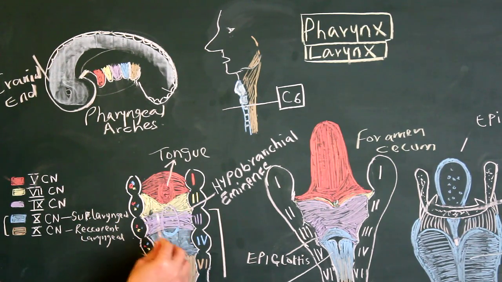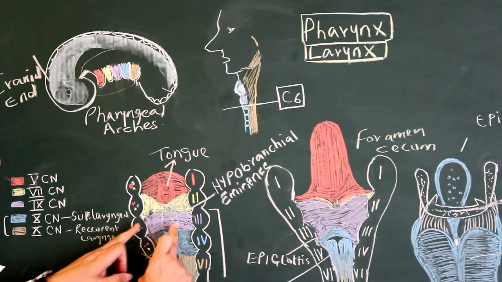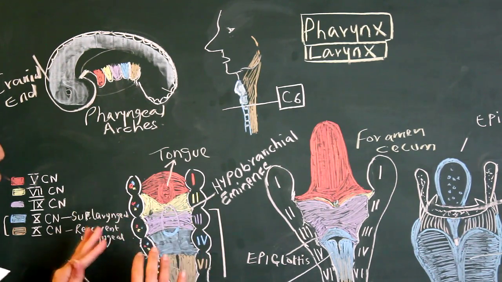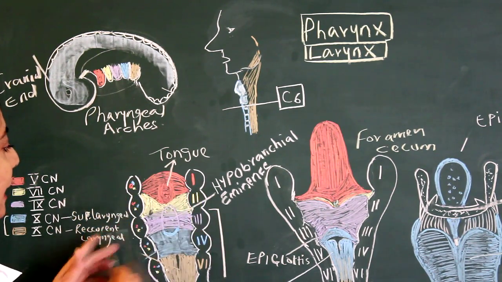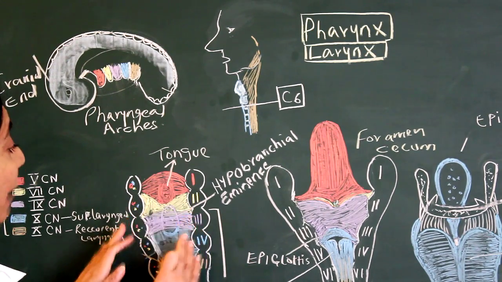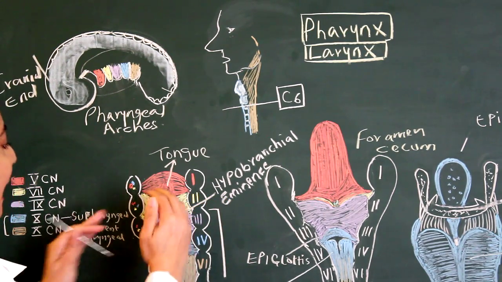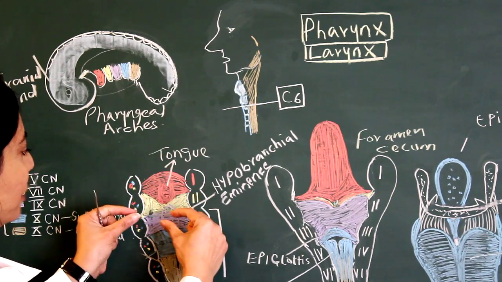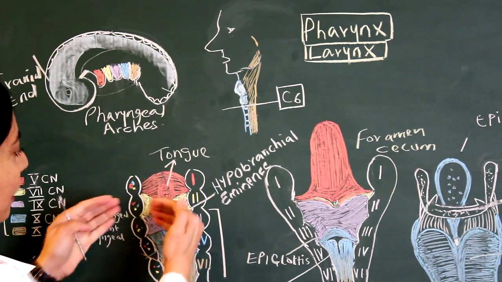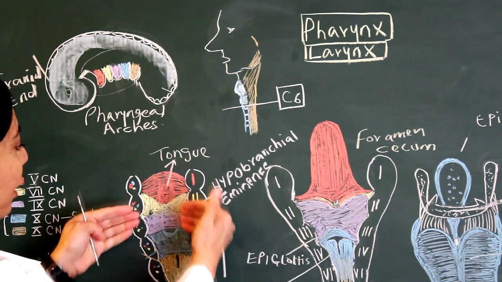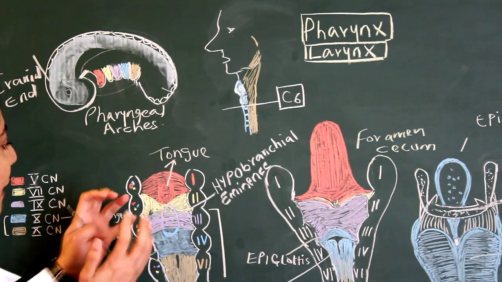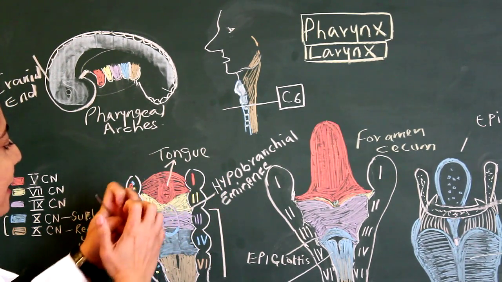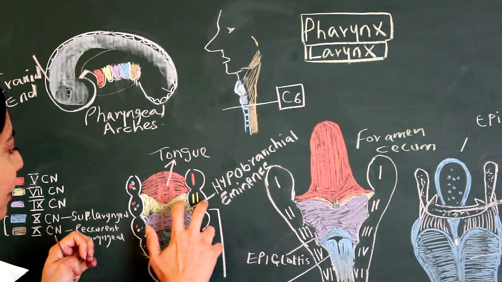In the other drawing, you can see the purple second arch is being outgrown by the third arch. The second arch has become sandwiched between the first overgrowing arch and the third overgrowing arch, so it gets undermined.